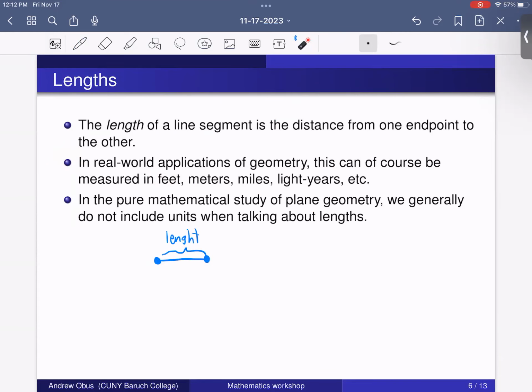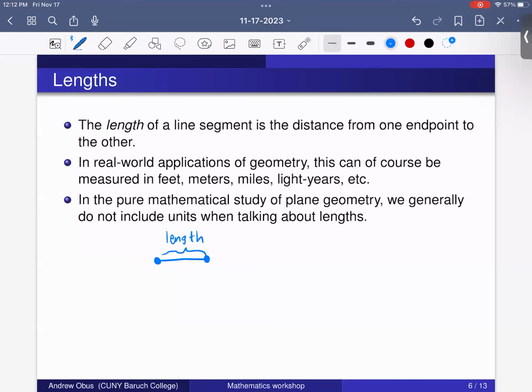So we would use feet or meters or miles or light years if we're talking about astronomy, whatever kind of length you want. But in pure mathematical study of plane geometry, we usually do not include units when we talk about lengths. We just say the length is 5, and we just mean 5 units. Okay, so there's not that much to say about lengths of straight lines.